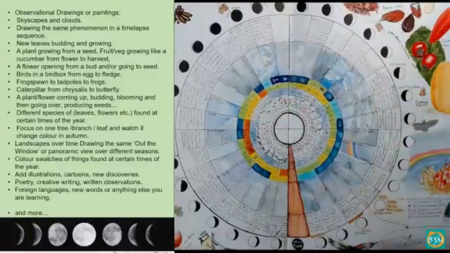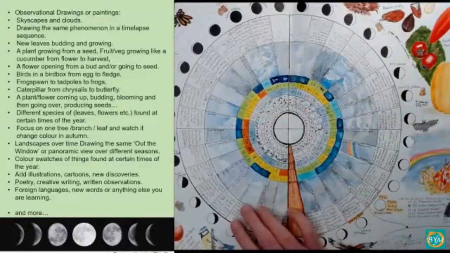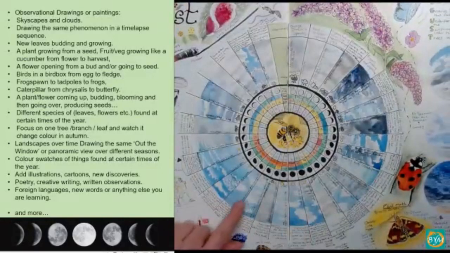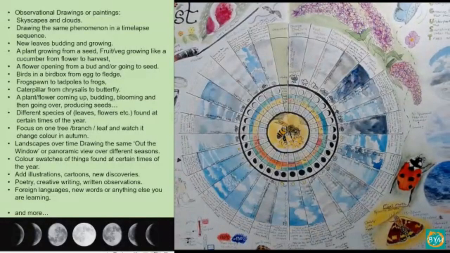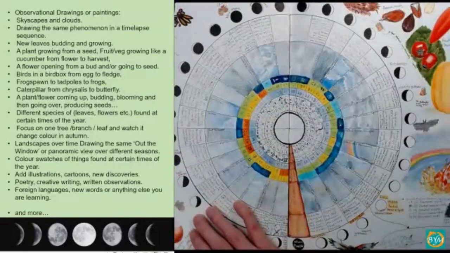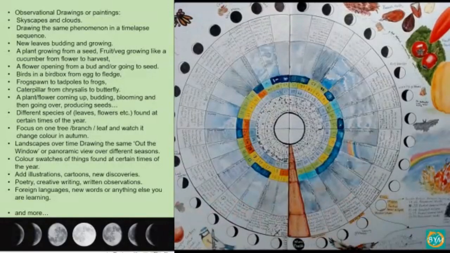So little pictures, paintings, drawings of the sky every day. There's a lot of clouds there. Clouds are fun. There's a lot of rain on this one. So not so fun. Can be fun to draw.